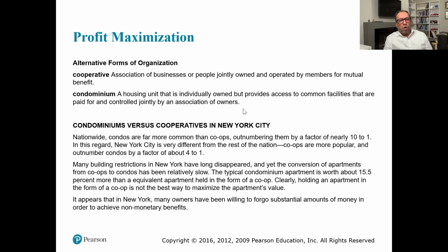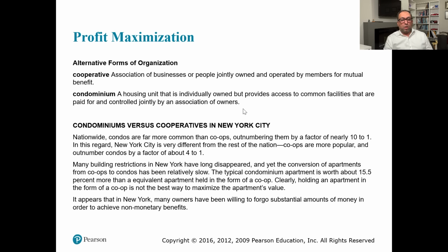the condominium, or condo in short, is a housing unit that is individually owned but provided access to common facilities that are paid for and controlled jointly by an association of owners. Nationwide, condos are far more common than co-ops, outnumbering them by a factor of nearly 10 to 1.